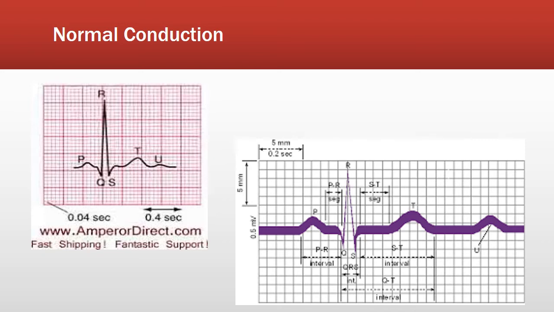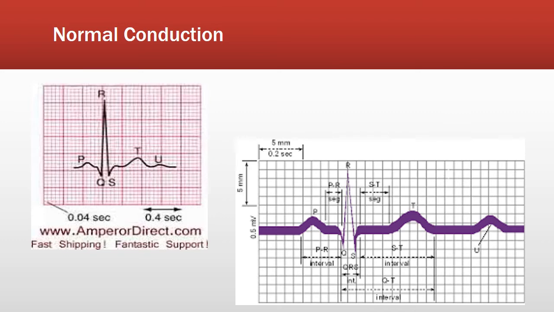So if you look for the P wave or the PR interval, we see that that P wave is upright. To the left of the P is that isoelectric line, which is neither negative or positive. Where it leaves the isoelectric line is where we start measuring the PR interval. When it leaves the isoelectric line again for the Q wave is where we would stop measuring for the PR.